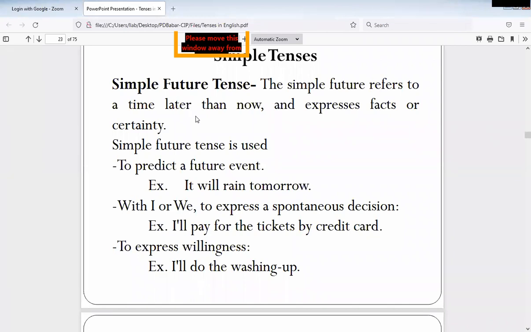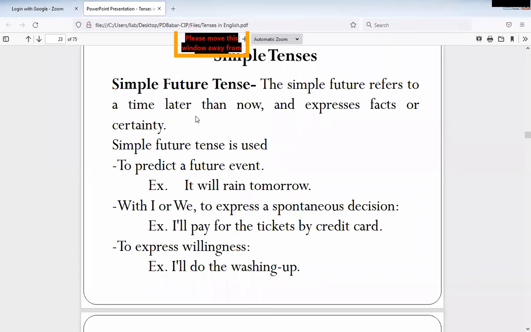Now is the present, the time later than now is the future, and the time before now is the past.